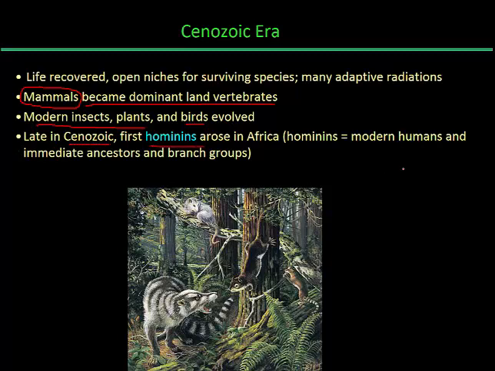Those are the very first humans, in early forms that wouldn't look exactly like us, but would look much more human than, say, our nearest relatives, the apes. So this is a pretty dramatic and important time period for shaping the world as it is today.